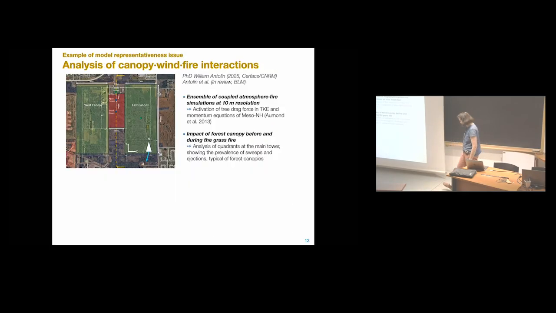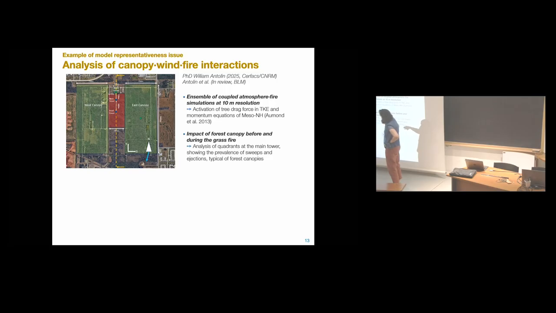Another aspect I would like to show is from another PhD student who just defended this year, William Antolin, and with him we also worked on this FireFlux simulation. This is in red, the burn plot that was only covered by grass, but around it you have some forest cover, canopy cover, especially on the northern part.